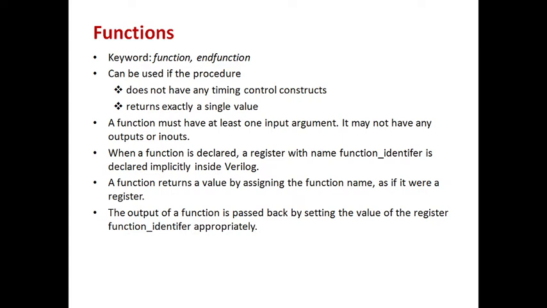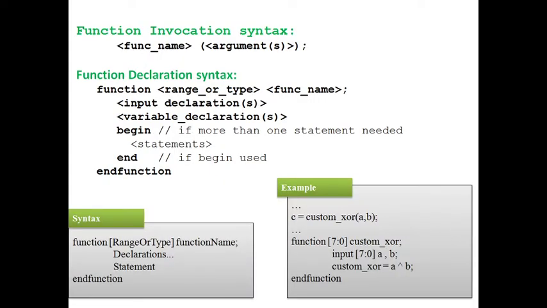So when a function is declared, let me go with one example of a function, and later I will explain all these points. This is how a function can be invoked. This is the function invocation syntax, where arguments, if present, are declared in this manner.